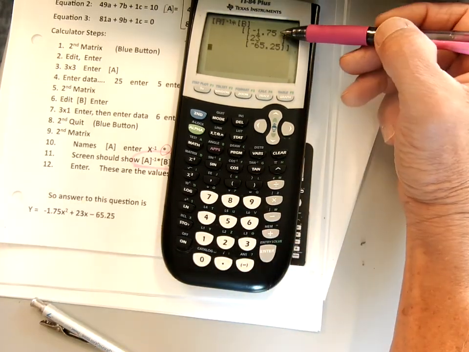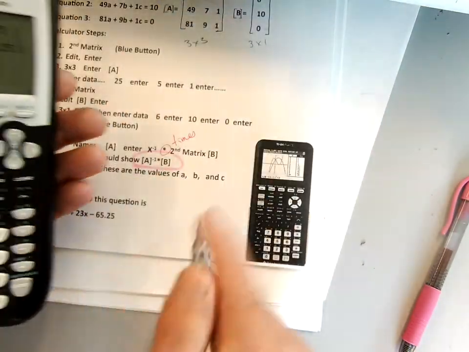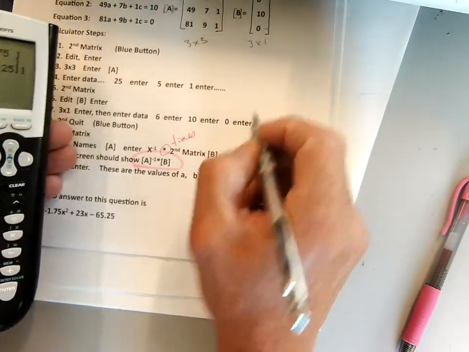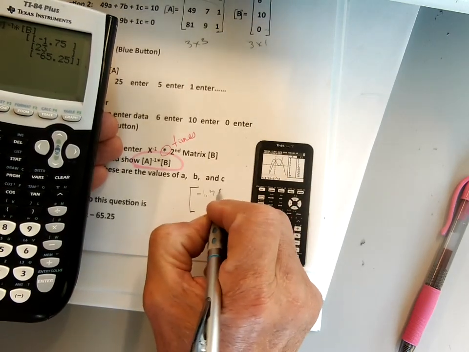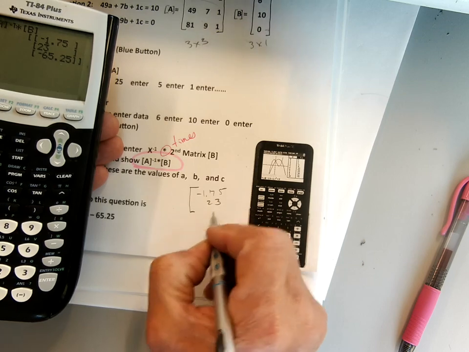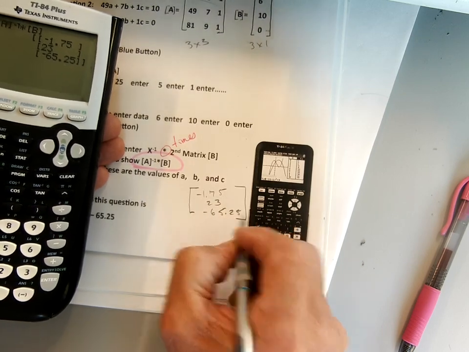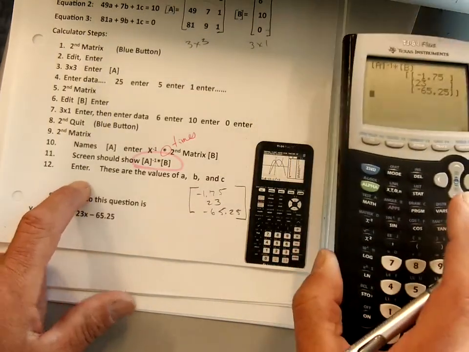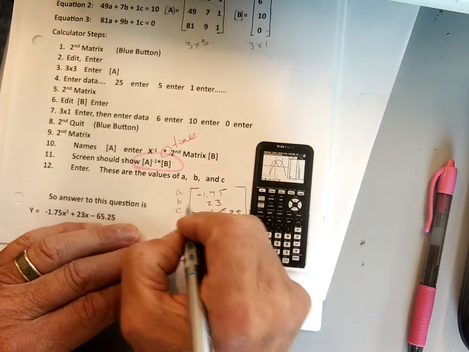Okay, there's the value of A, B, and C. So my calculator shows these values as A, B, and C. I get this negative 1.75. I get this 23 and negative 65.25. Okay, that is the value of A, B, and C. So A is equal to that, B is equal to that, and C is equal to that.